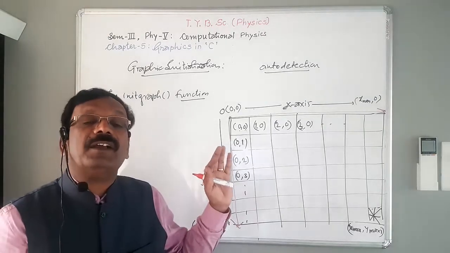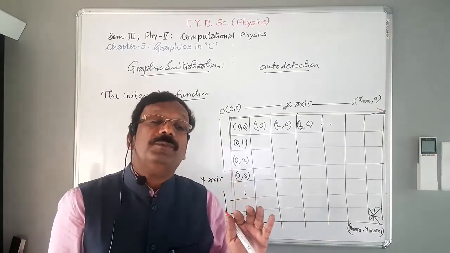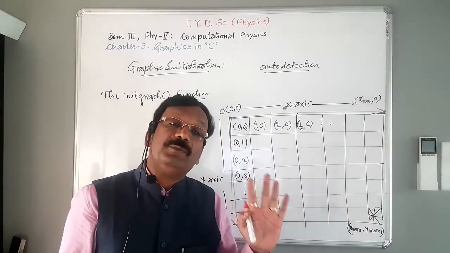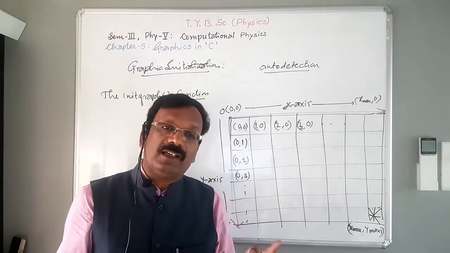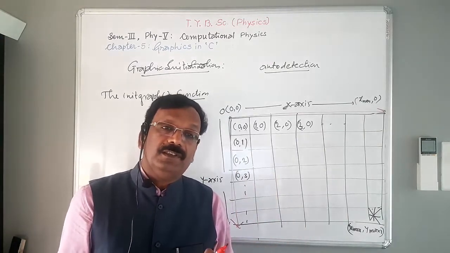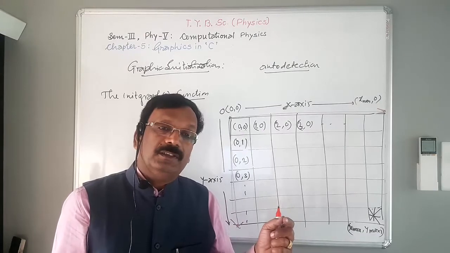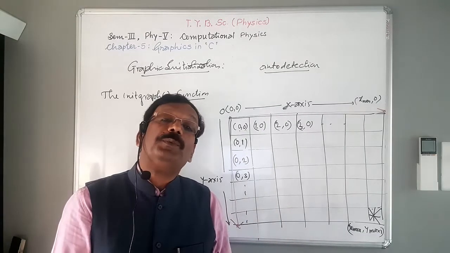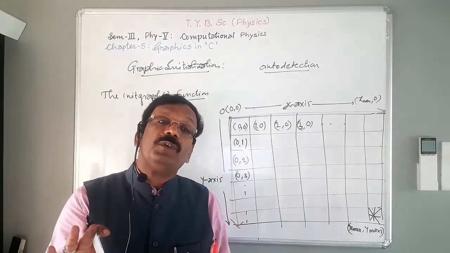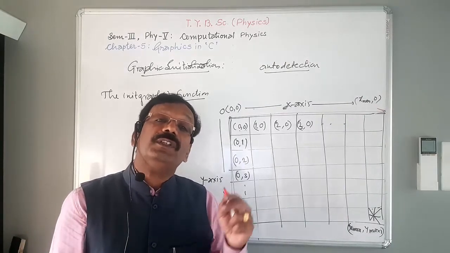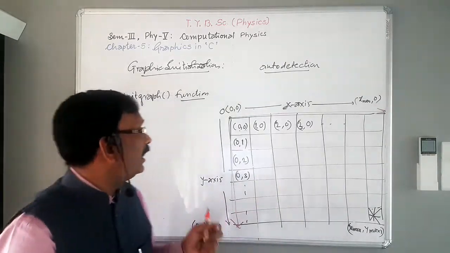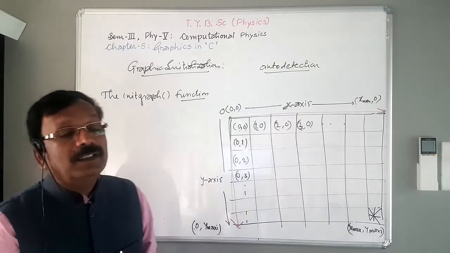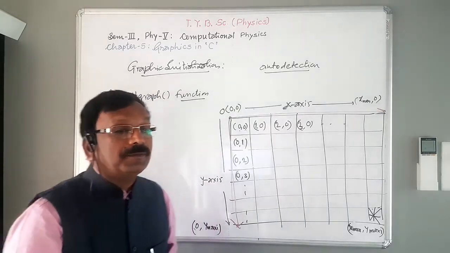The function initgraph is used for initialization of the graphic mode. When you are going to start the graphics, you select the mode, and before starting to work you have to initialize that graphic mode, and for that purpose you use the initgraph function.